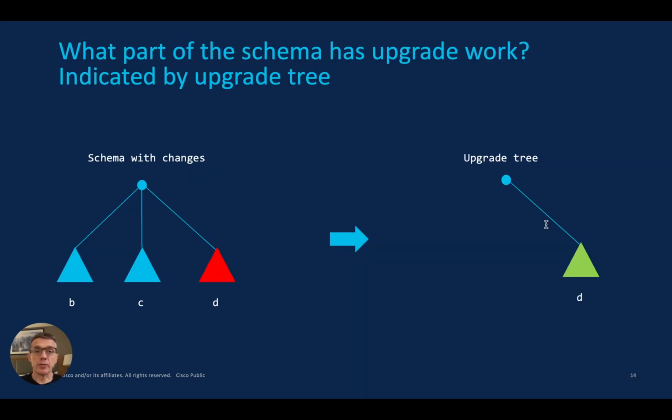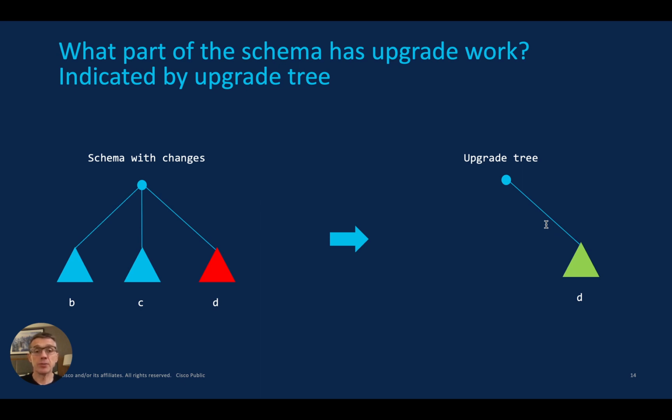How would such a tree look? Before looking at an upgrade tree, let's start with a simplified picture. In the example above, the schema has been modified in such a way that upgrade work exists for the D schema subtree.